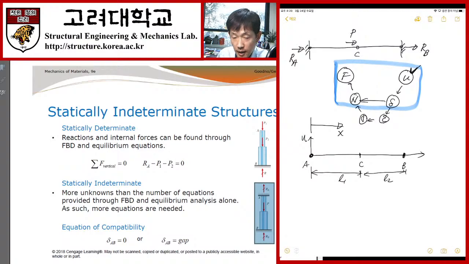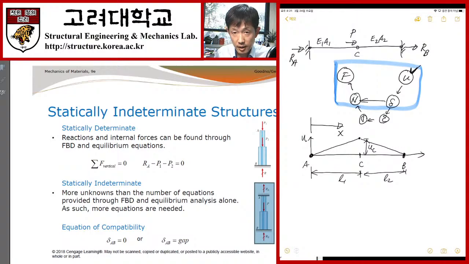And then I may have a non-zero displacement at point C. This is UC, although I haven't calculated the value of the nodal displacement at point C. Because we are dealing with prismatic cross sections, we have constant elastic modulus and constant cross-sectional area in each part, which means my strain is constant in section 1 and section 2. That's why my displacement change should be linear like this, isn't it?